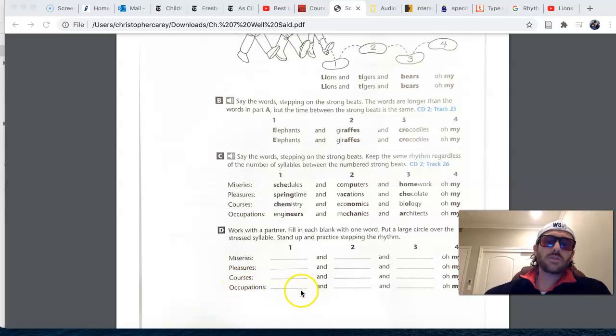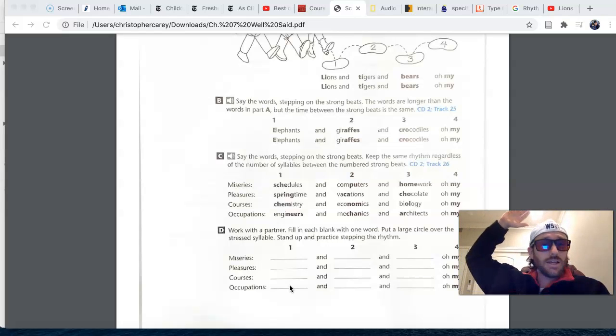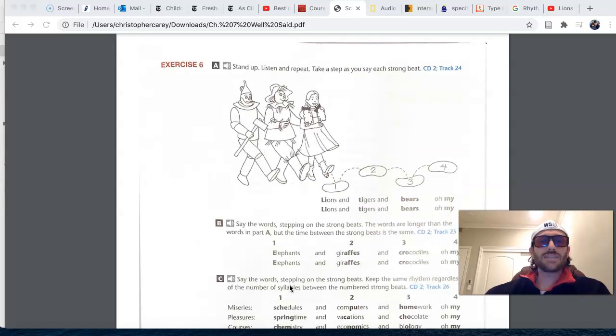And then occupations. Jobs that you would like to have, jobs that you currently have, jobs that you had in your home country, etc. And that is exercise 6. And you can stand up and do this if you want, like how they do here in the Wizard of Oz. Enjoy that activity, everybody.